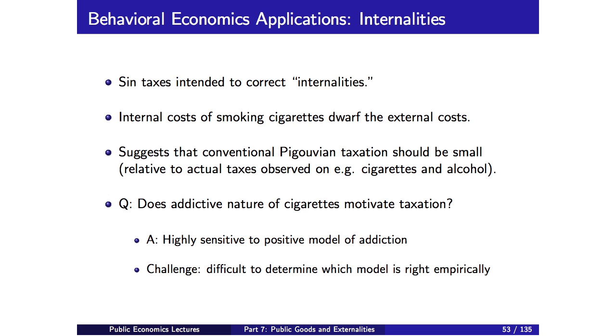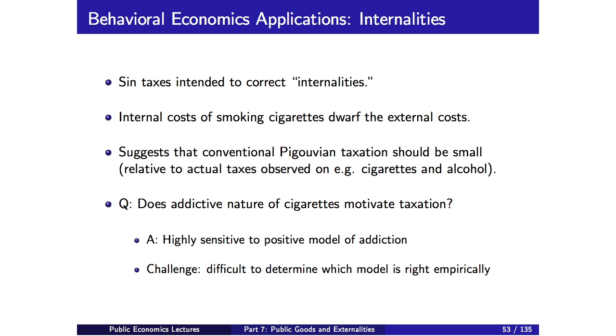And in fact, if you look at studies in public health, the internal costs of smoking cigarettes dwarf the external costs. So it's hard to rationalize the very high taxes on cigarettes that we have in the US, either from a Ramsey perspective or from a strict Pigouvian perspective of I want people to smoke less because it's affecting other people, okay?